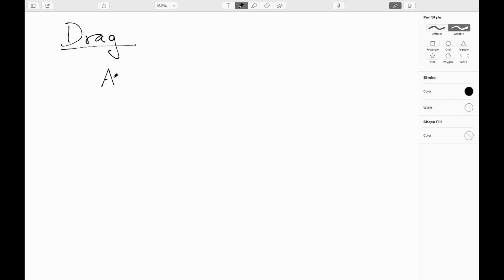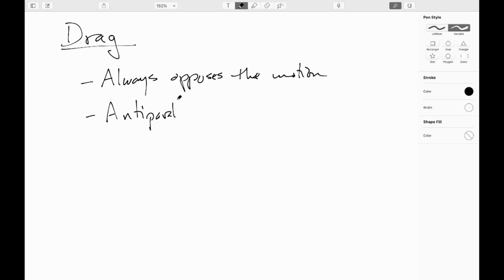It always opposes the motion. So it means it's anti-parallel. Remember, that just means it points in exactly the opposite direction of the velocity.